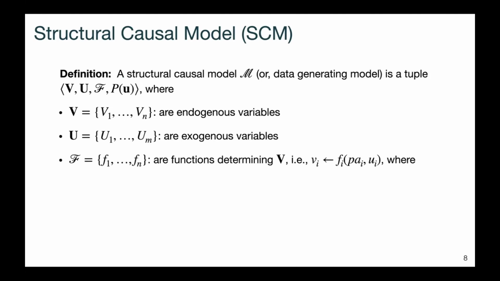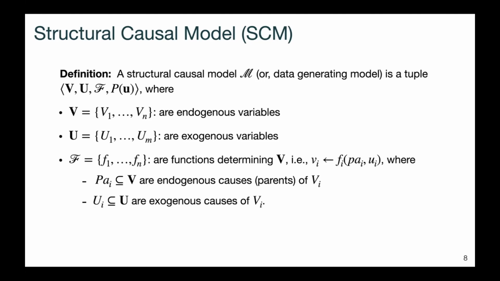Also, we have the functions, and you see here that we are only concerned with the set of variables V, the observed variables. We expect that there exists a function that explains how Vi, which is one of the variables in the set V, is determined. This is going to have as arguments PA, the set of observed variables. Here, PA is a subset of V, but you can also have other causes that are exogenous.